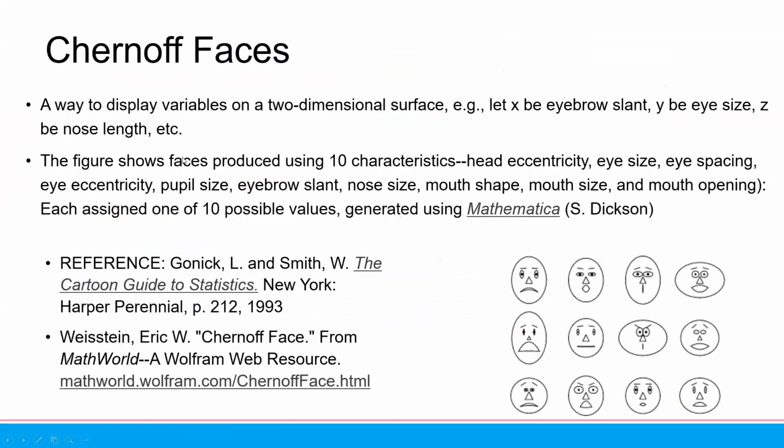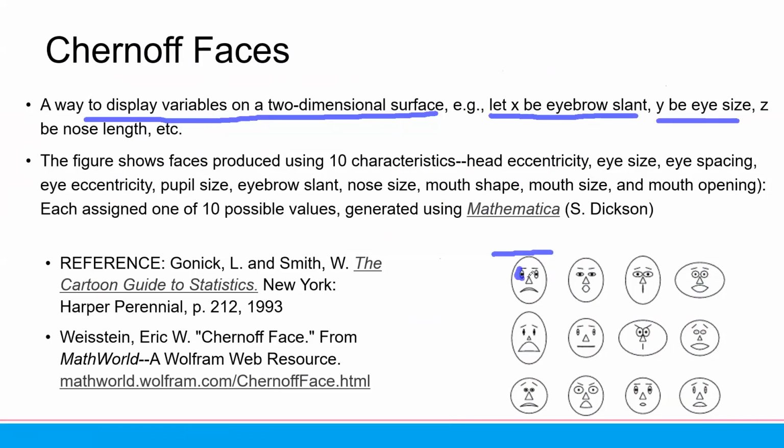This is an example of Chernoff Faces. The researchers developed this kind of Chernoff faces to display variables on a two-dimensional surface. So let X be the eyebrow, and Y be the eye size.